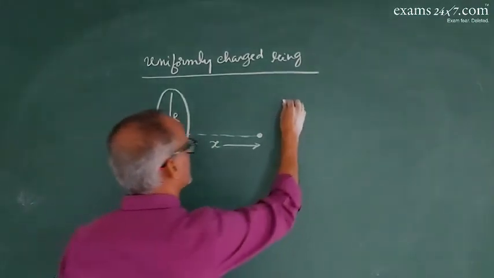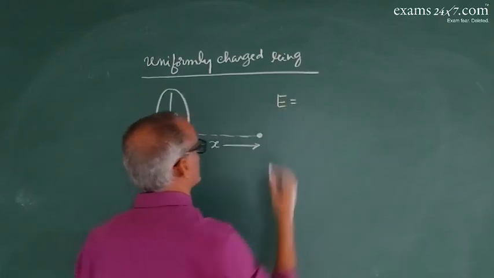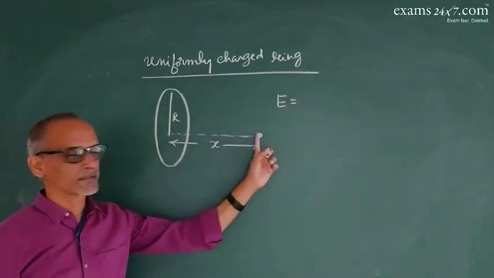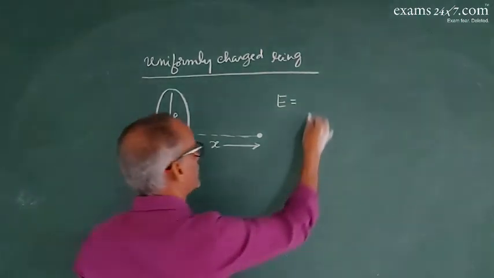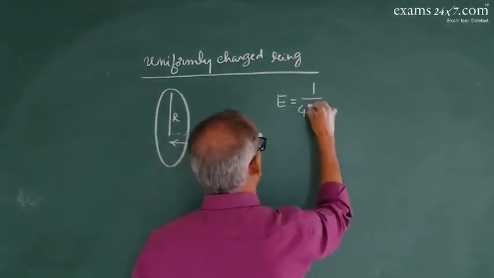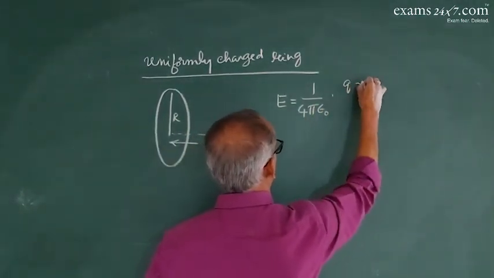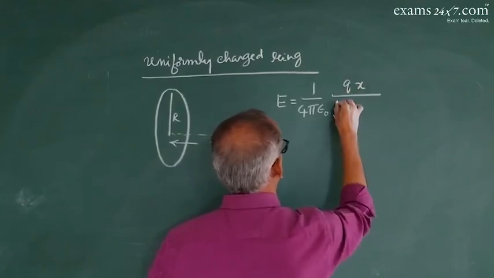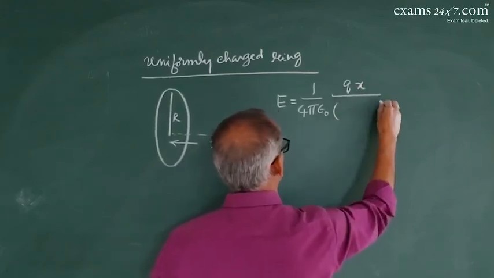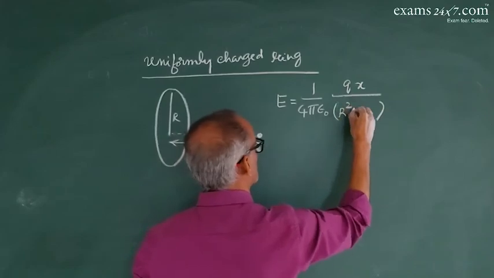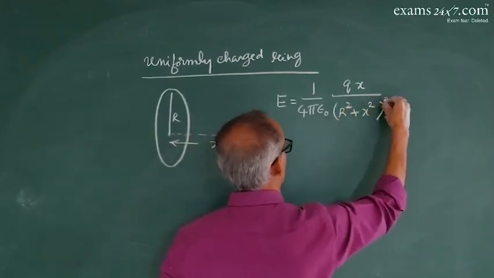The electric field at any point on the axis is 1 by 4 pi epsilon naught, Q into x by (R² plus x²) to the power 3 by 2.